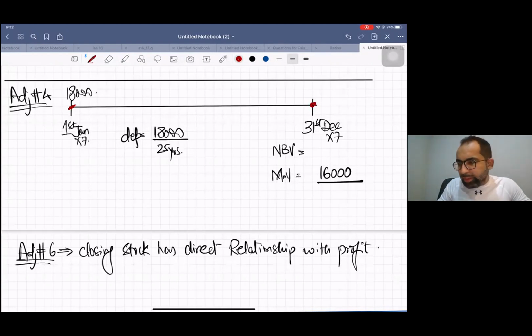So 18,000 divided by 25 is 720. This is the depreciation.